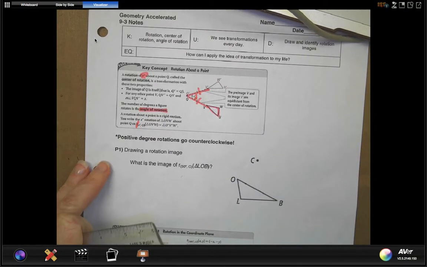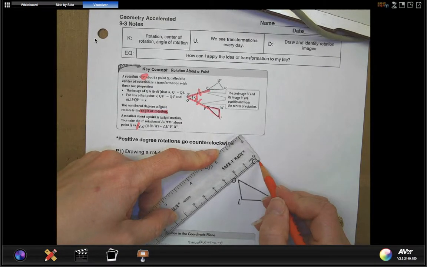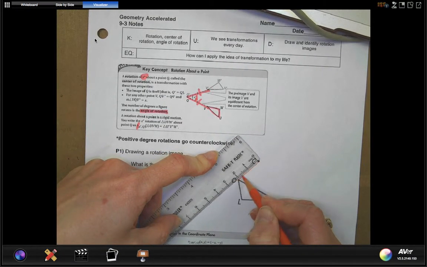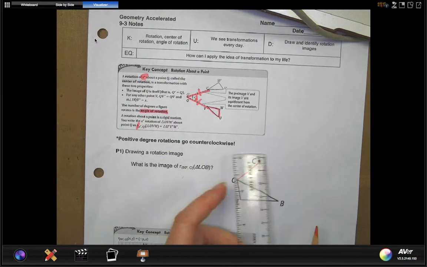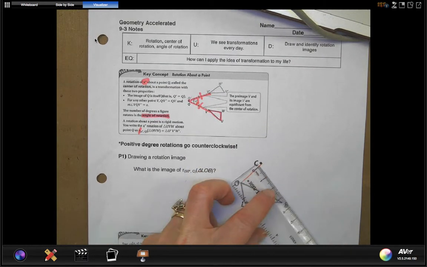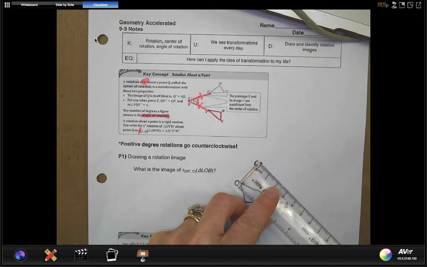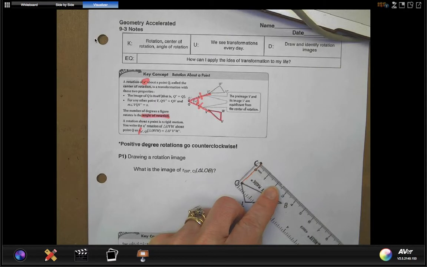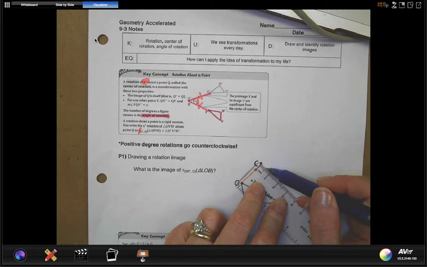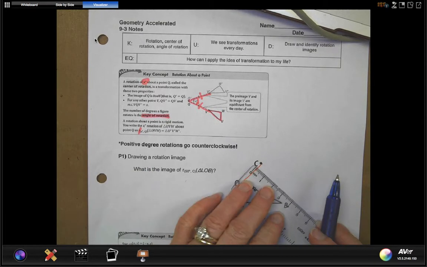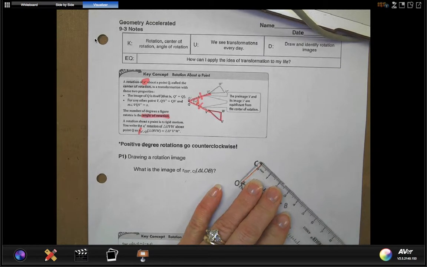When I rotate that 50 degrees, basically I'm going to start and see, this distance right here is about 2.1. So when I make that new O, I want it also to be 2.1 from C, but then I want the angle in here to be 50 degrees. I didn't give you a protractor, but if I went right here, that would be a 90-degree angle, and 45 is half of 90, so 50 is a little bit more than that.